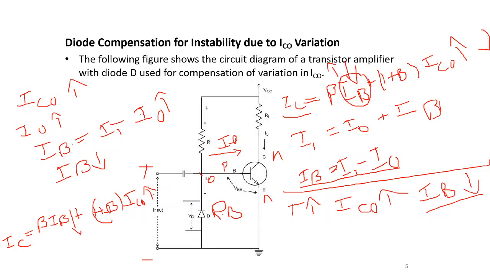Whenever the temperature has been increased, ICO is increasing, but indirectly with respect to the diode compensation, the IB current has been reduced. So IC will be compensated. So indirectly, whatever variation of ICO has been generated has been compensated with respect to the diode.